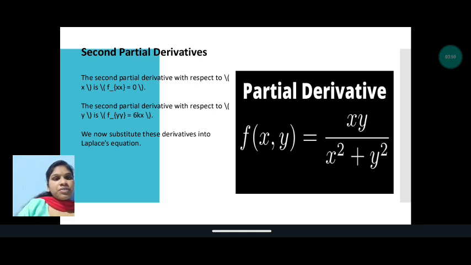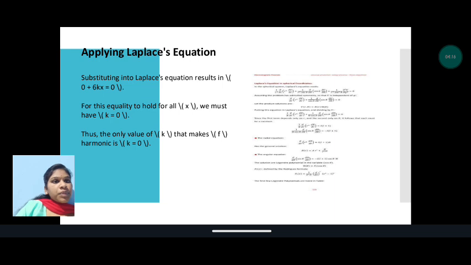Second partial derivatives. The second partial derivative with respect to x is fxx = 6x. The second partial derivative with respect to y is fyy = 6kx. We now substitute these derivatives into the Laplace equation.